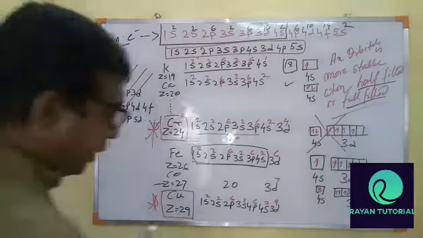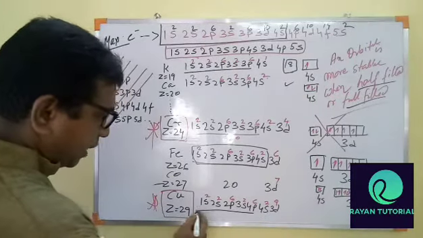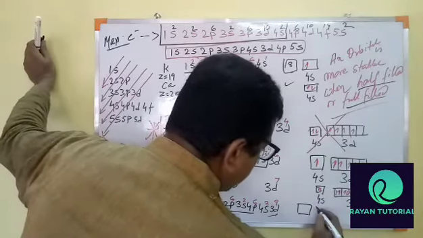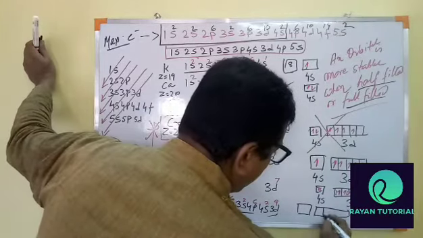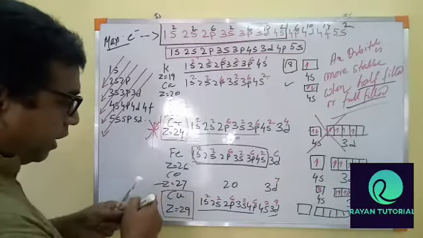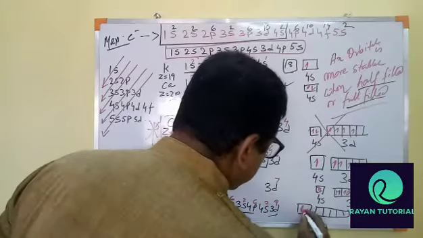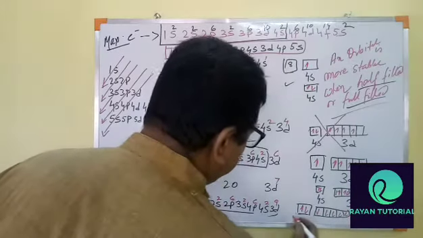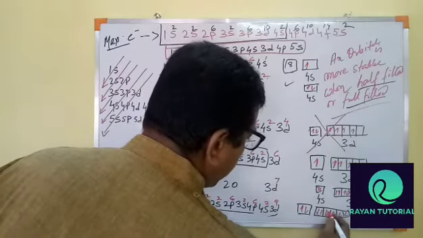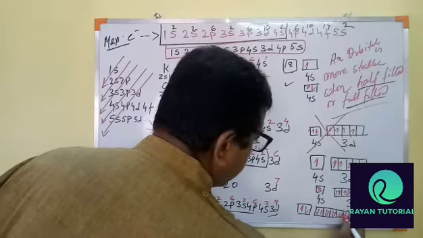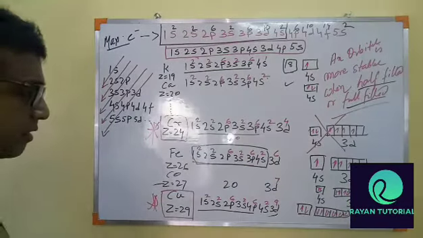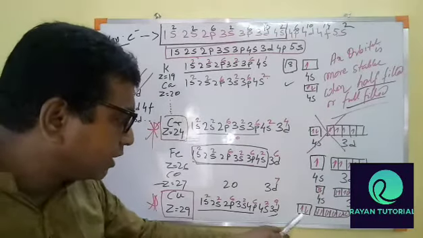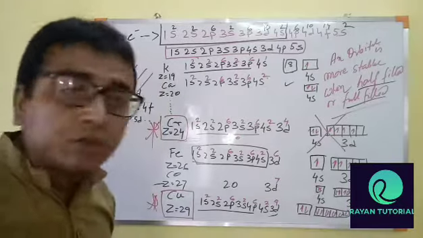That means, I am not drawing up to this, I am just drawing this. It should be 1, 2, 3, 4, 5 and then 1, 2, 3, 4. It should be like this, right? Up to this 18, 20, 22, 24, 26, 28 and 29, right?